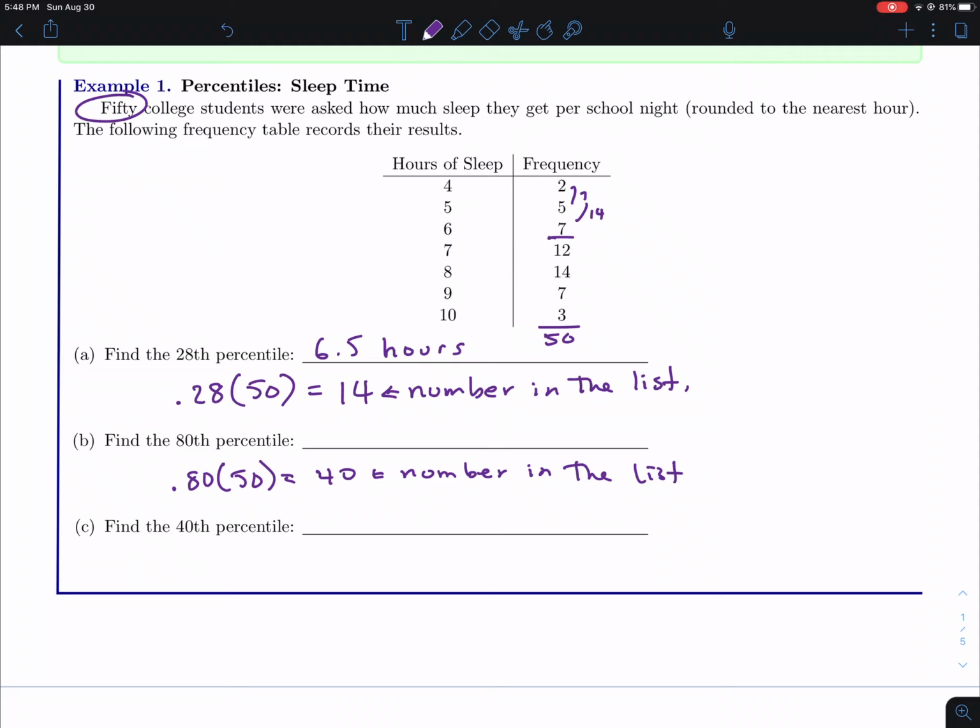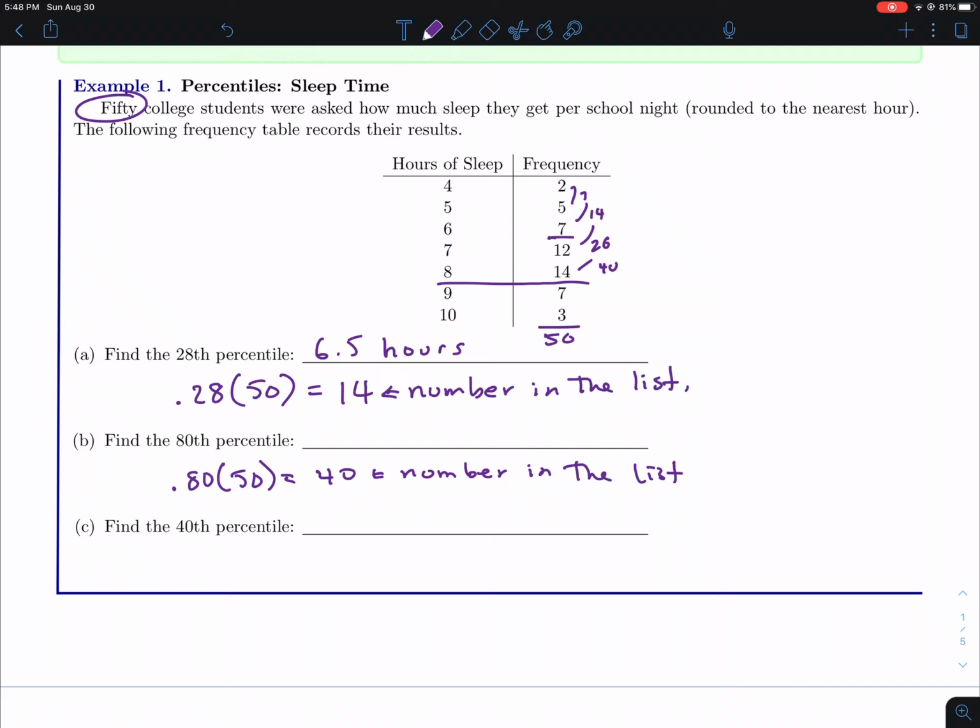It's not actually the number 40 itself. So again, adding from the bottom up, we've got 14 to there, then 26, and then 14 to this is 40. So again, 40 is at the very end of the 8 hours of sleep.